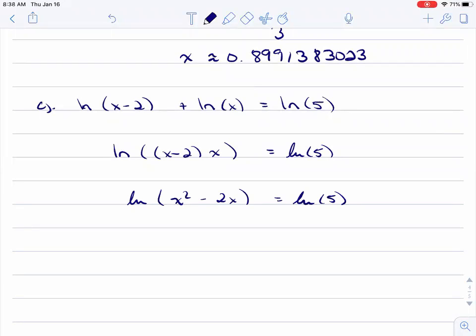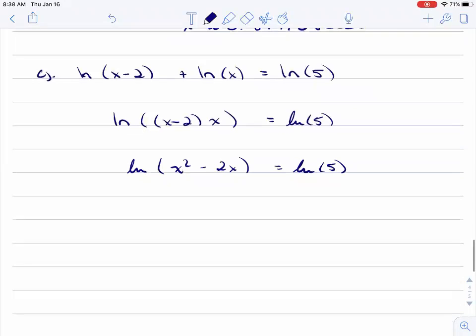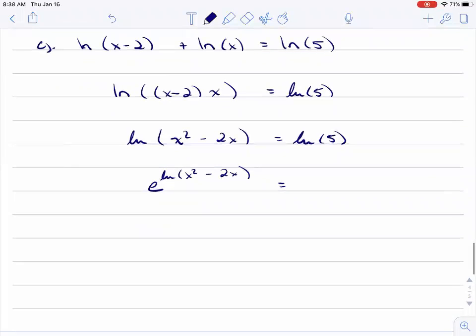Now what's nice is that we've got a natural log on both sides. So when we raise both sides to the power of e, we get e to the ln of x squared minus 2x is e to the power of ln of 5. Well, e to the ln just drops whatever is in the ln.